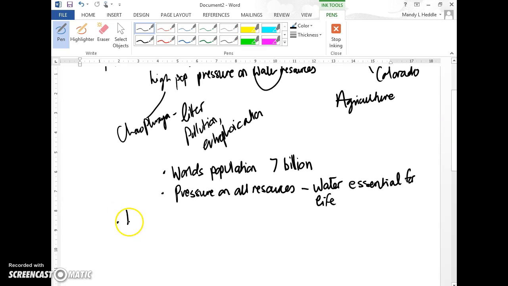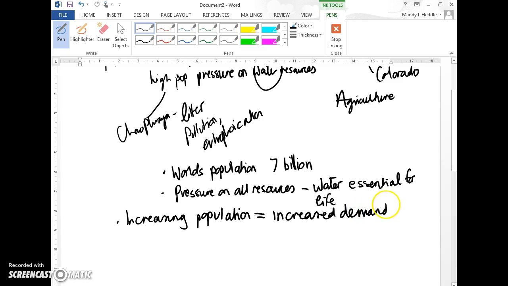So with increasing population will equal increased demand for power. And now I'm going to link that to hydroelectric dams.